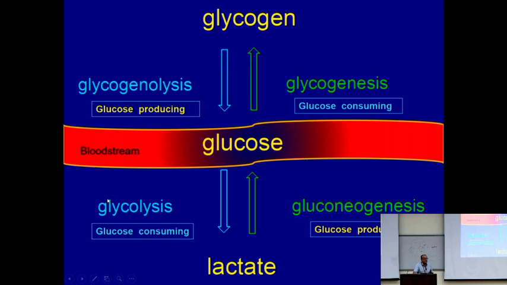And glycolysis consumes glucose by breaking it down into a smaller molecule known as pyruvate. Okay? In doing so, it provides the cell with energy.